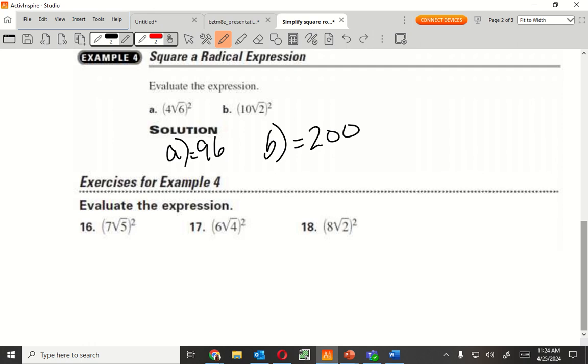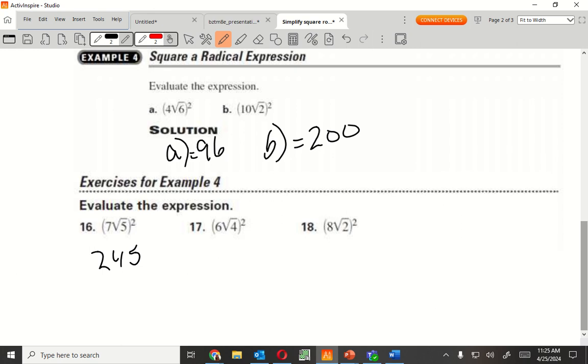Okay, so this one right here is going to be, what's that? 49 times 5. What is 49 times 5? 50 times 5 is 250 minus 5. 245. Is that right there? Yeah. Okay, good.